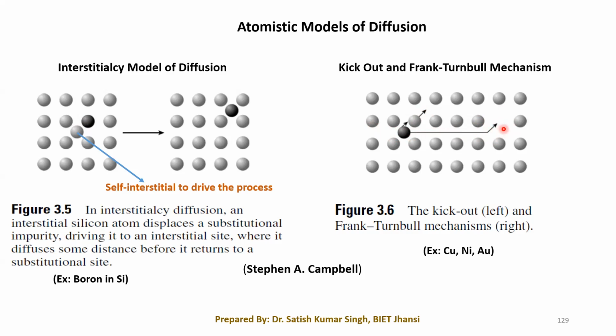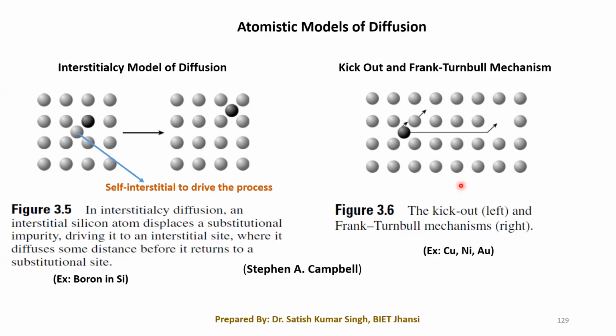As we know, in the substitutional site its movement is greatly hampered, but its movement through the interstitial space is very high. So it can move very freely through the interstitial spaces, and then finally it is going to occupy a certain substitutional site. So this kick out or Frank-Turnbull mechanism is basically a combination of your interstitial and substitutional diffusion processes.